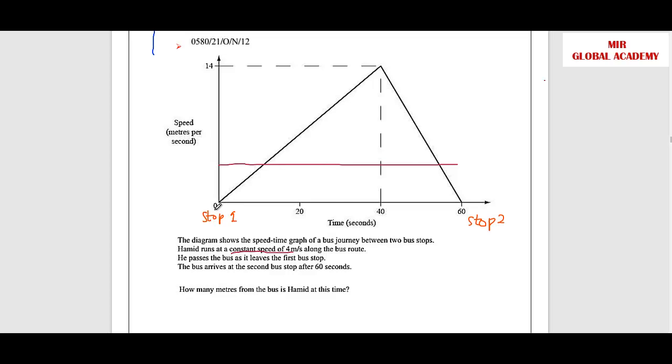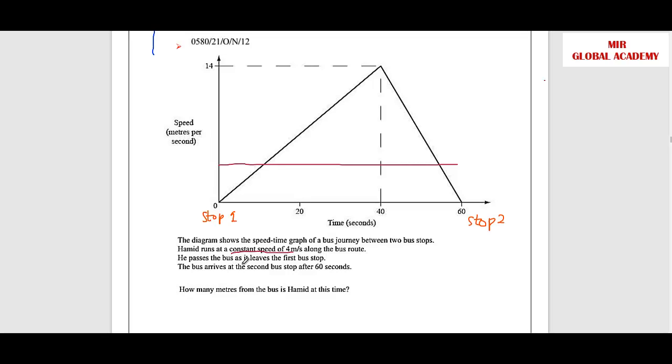So when the bus started at time 0, Hamid was running at 4 meters per second. At time 0 of observation, the bus has started the journey from 0 meters per second, but Hamid was running at 4 meters per second.